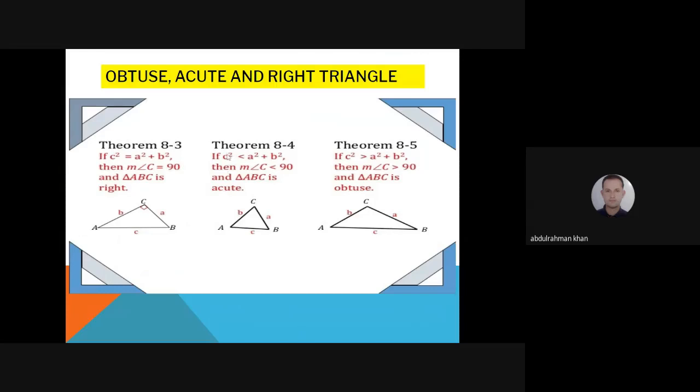If the hypotenuse c square is less than a square plus b square, then angle C will be less than 90 and the triangle will be acute. The last theorem is if c square is greater than a square plus b square, then one angle will be greater than 90 and in this condition your triangle will be obtuse.